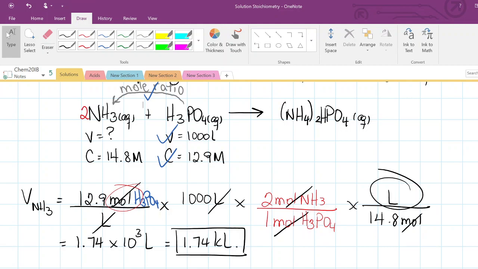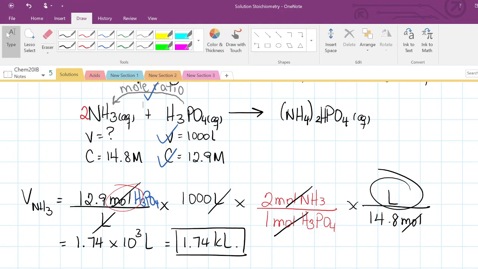Now, I want liters of ammonia. So I need to start working through my quantitative data on the ammonia side. And remember that 14.8 molar is the same as saying 14.8 moles per liter. And I can flip-flop that information over that division line. I can say 14.8 moles per liter or liter per 14.8 moles, right?